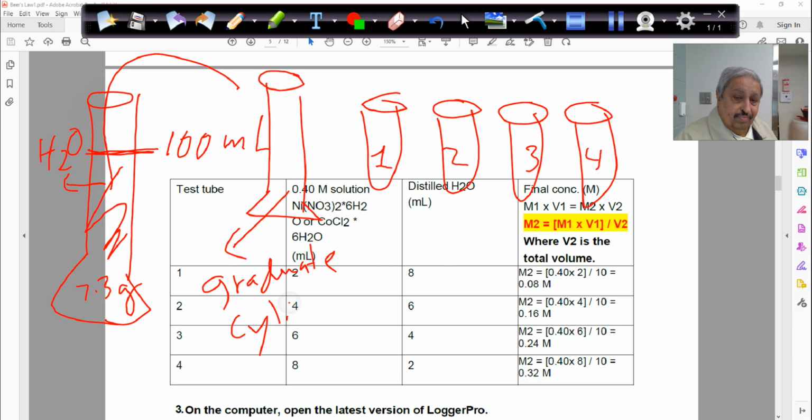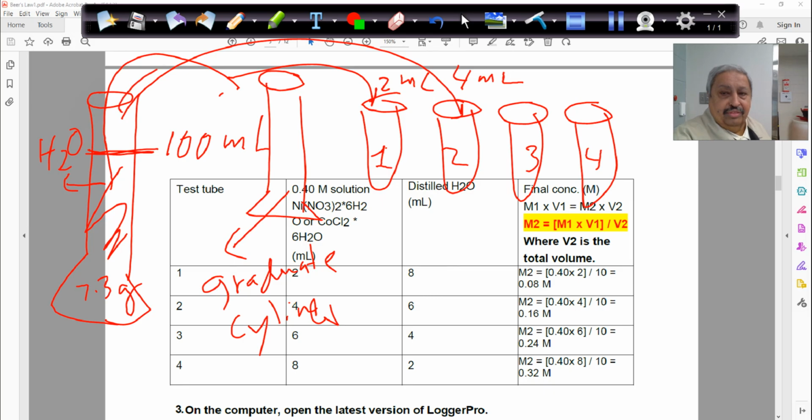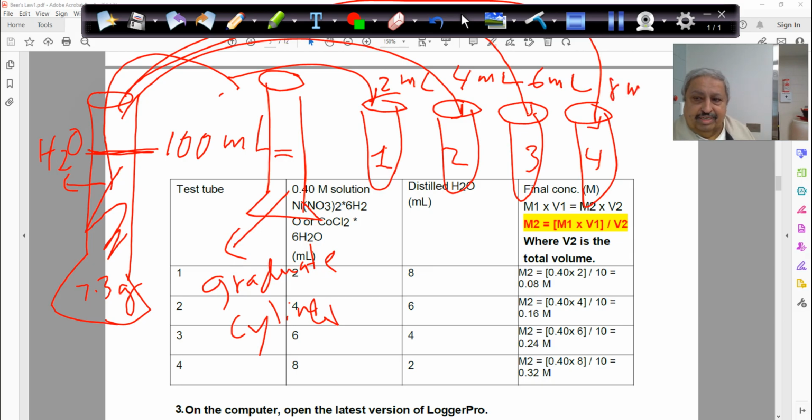The first one, you take 2 mL out of this. The other one is 4 mL, then the third one is 6 mL, and the fourth one is 8 mL, using the graduated cylinder, guys. But you will not put them inside first.